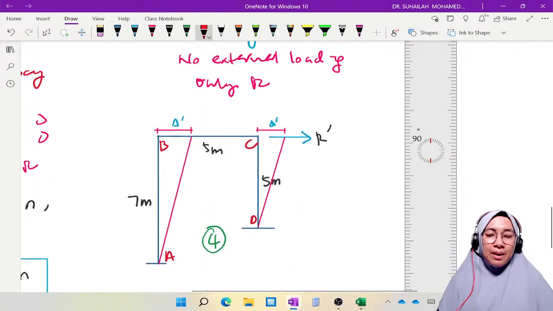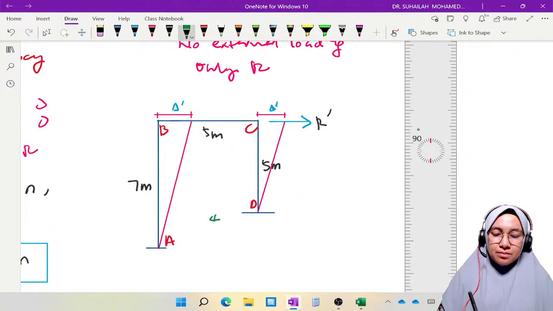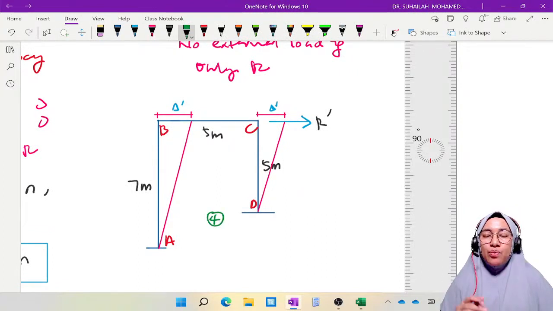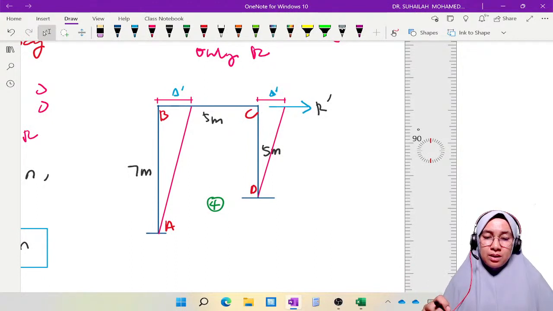So in diagram number 4, we have the same frame, but it is subjected to r prime, and due to r prime there is a delta prime located at two positions, B and C, which have equal value. Due to r prime and delta prime, it brings an end moment at each end.